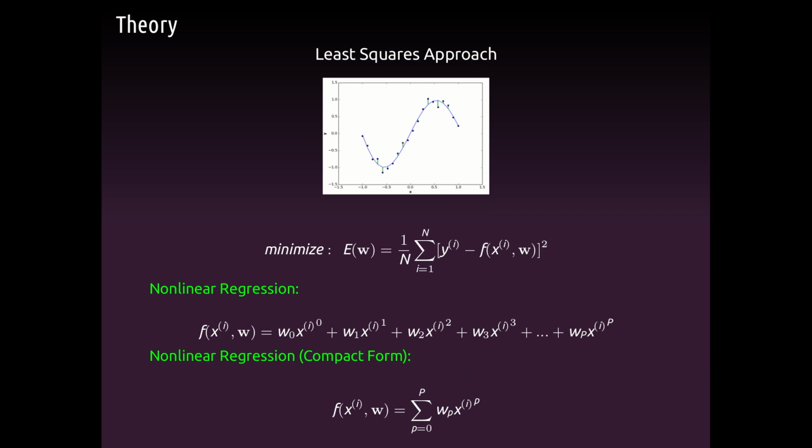And we can also express this regression equation in a more compact form using a sigma notation, such that we have wp multiplied by x super i to the power of p, where p is moving from 0 to capital B, where capital B is the degree of polynomial of our nonlinear regression function.